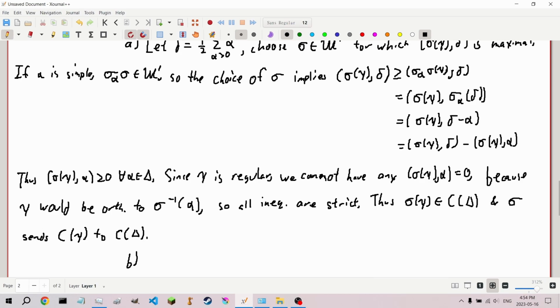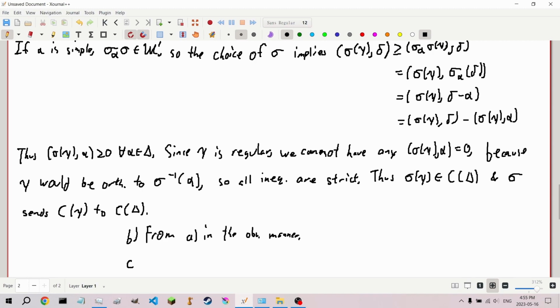We can see that's just from A in the obvious manner, because keep in mind, we have this connection between Weyl chambers and bases. So we can just use that. C states that for any root α, there's a σ in the Weyl group sending α into the base.